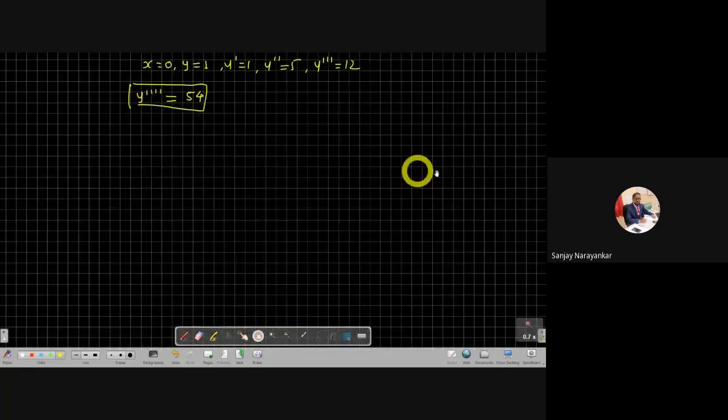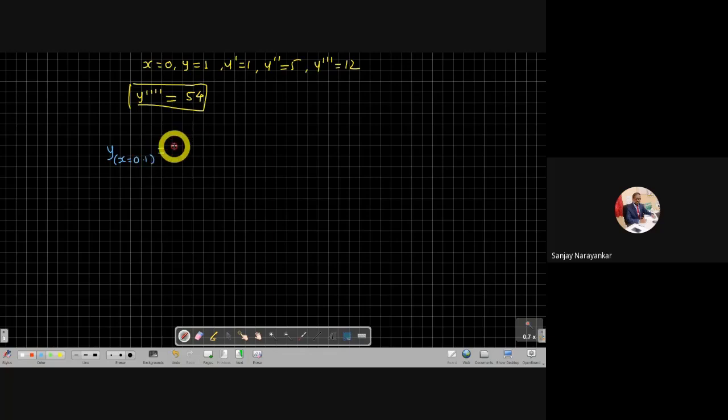Okay, rewrite the formula. Let's just help me out to write the formula. y at x is equal to 0.1 is equal to y0 plus y dash h plus y double dash upon 2 factorial h square plus y triple dash upon 3 factorial h cube plus y 4 times upon 4 factorial into h raised to 4.